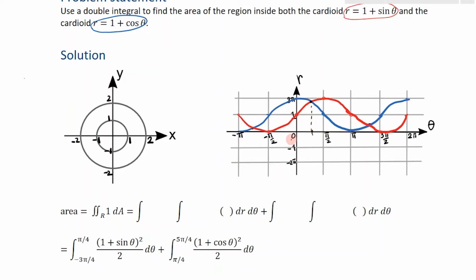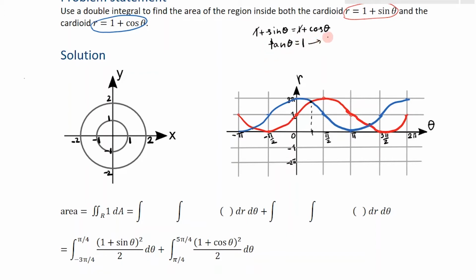You can usually tell, once you draw it here, you'll immediately know if this is correct. So we want to figure out when 1 plus sine theta equals 1 plus cos theta. The 1 cancels, so we need sine theta equals cos theta. Dividing by cos theta, we get tan theta equals 1.